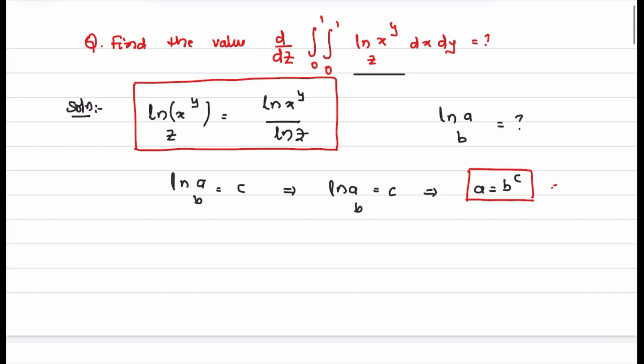When you take logarithm on both sides of this, what happens? ln a is equal to c into ln b. That implies ln a by ln b is equal to c. That implies log a to the base b is equal to ln a by ln b.